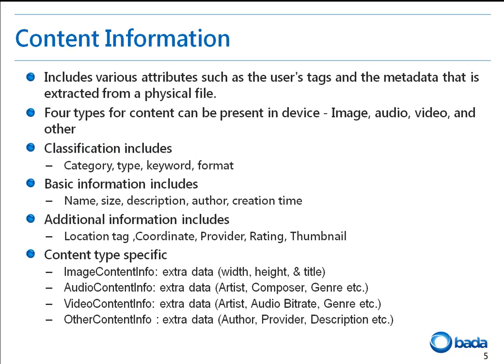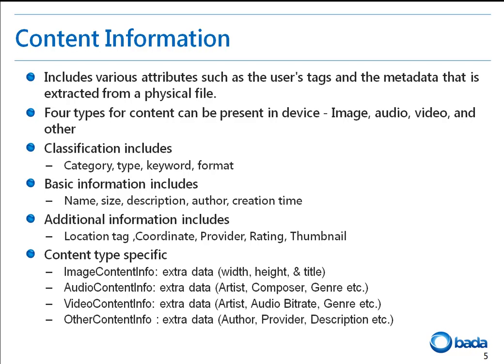All content and their attributes that are stored on the device are represented as content information. Content can be classified into the 4 major categories: image, audio, video, and all other remaining types are grouped into other. Content supports the classification of files based on the file format, keyword, type, and category.